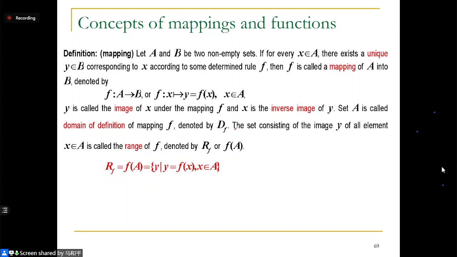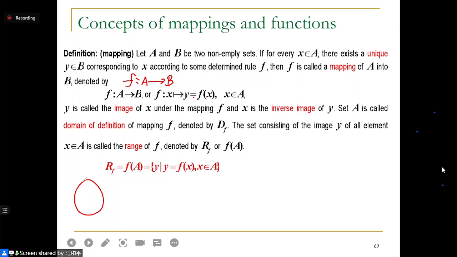The f is called the mapping of A into B, denoted by f from A to B. We write f: x to y, y is f(x), x belongs to A.